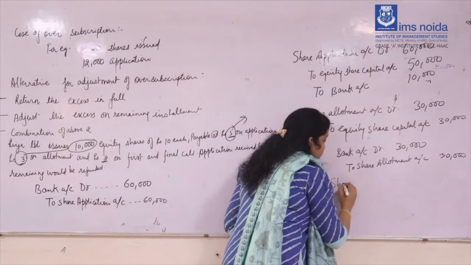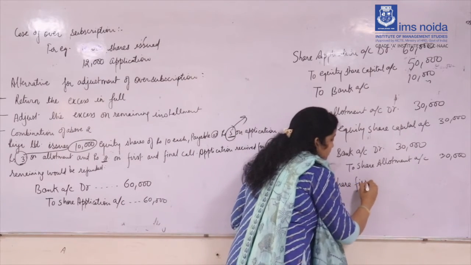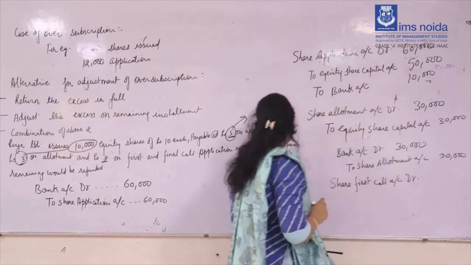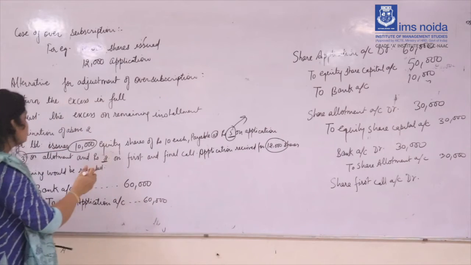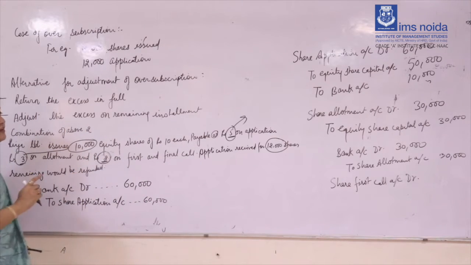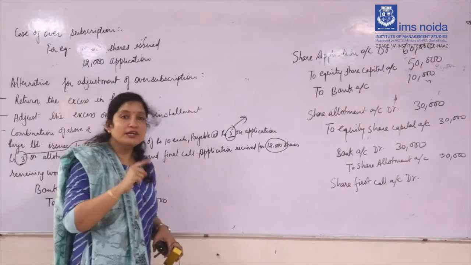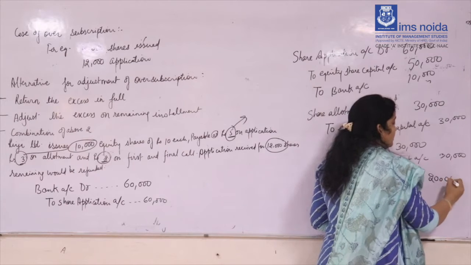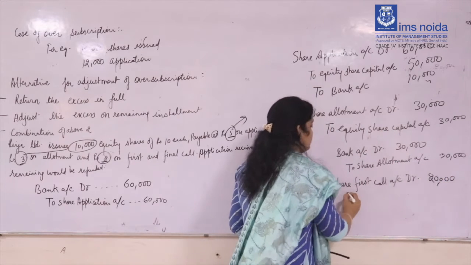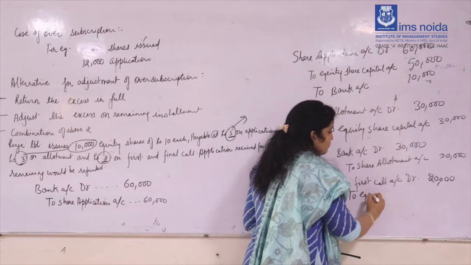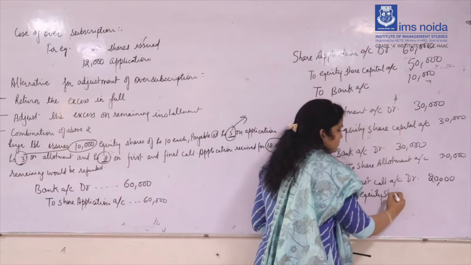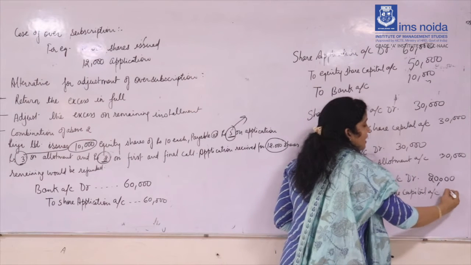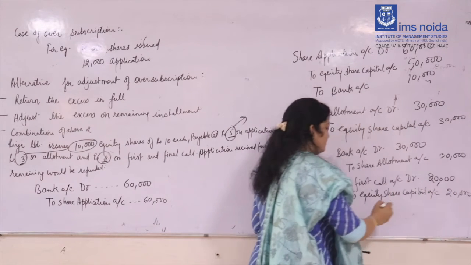Now the next is the first call. So share first call account debit. In the first call how much money are we calling? It is rupees 2. So 2 into 10,000 gives us 20,000, to equity share capital account, again 20,000.